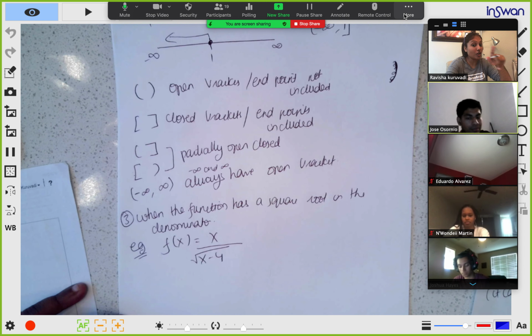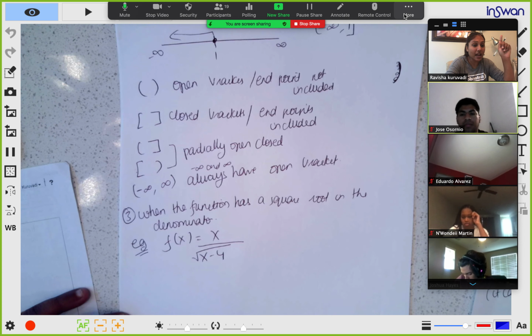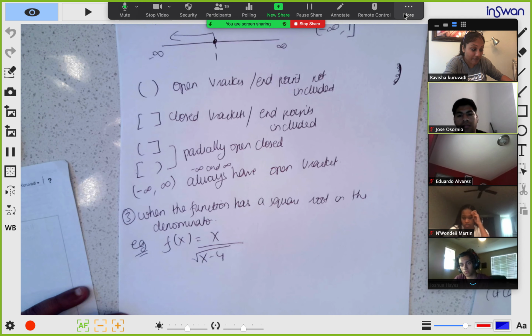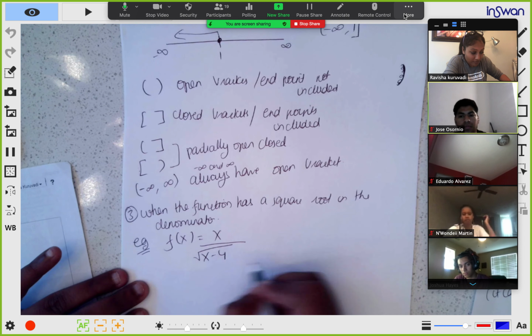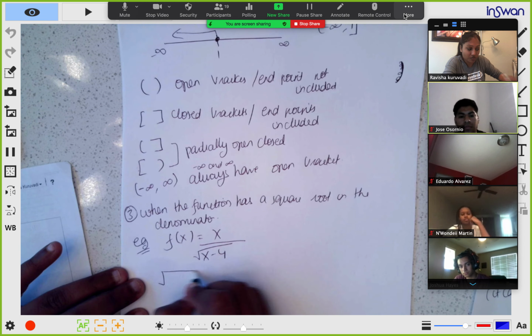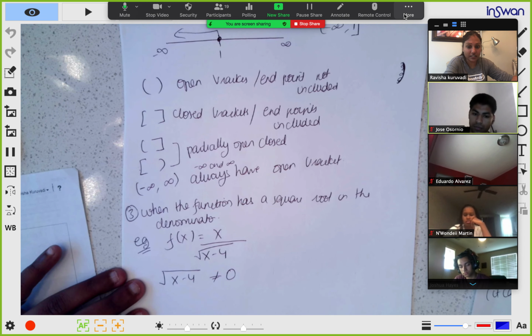Yes. When we had a denominator, my denominator cannot be 0. And whenever I had a square root, whatever is inside my square root cannot be a negative number. So my denominator cannot be equal to 0, because that will make my denominator 0 and my function undefined.